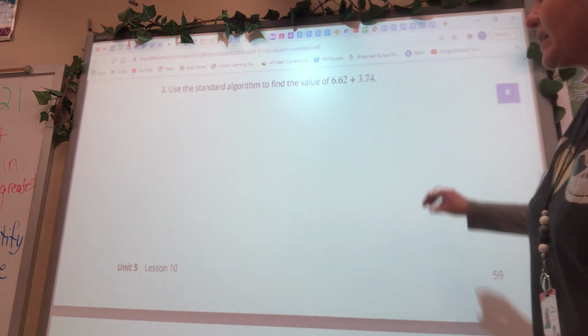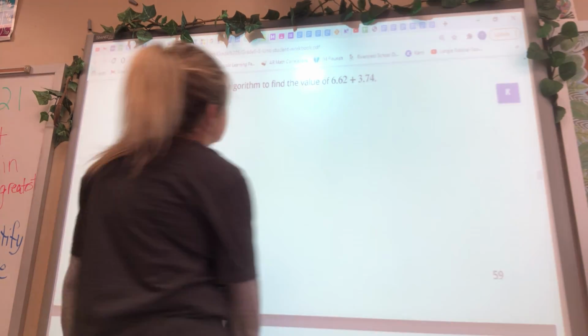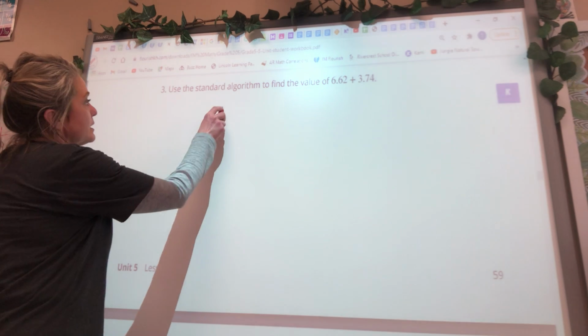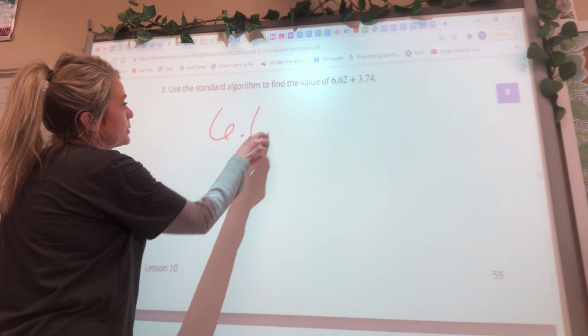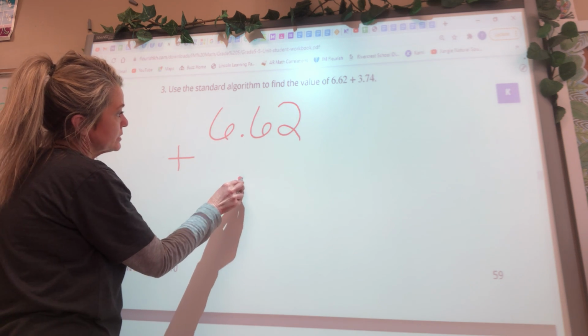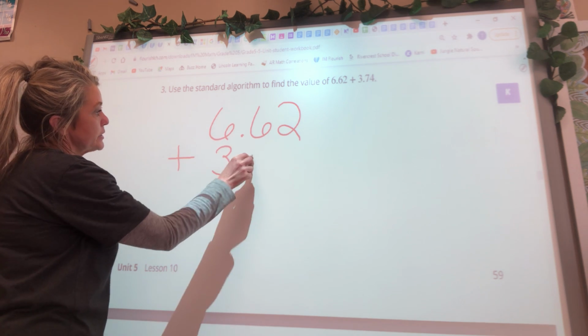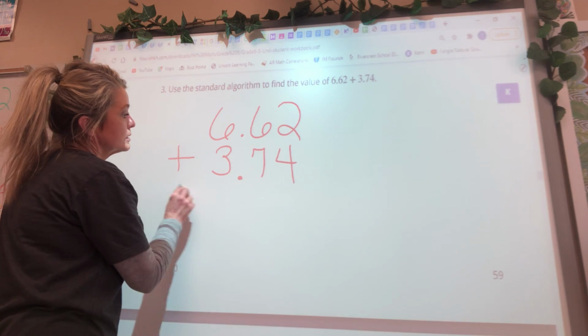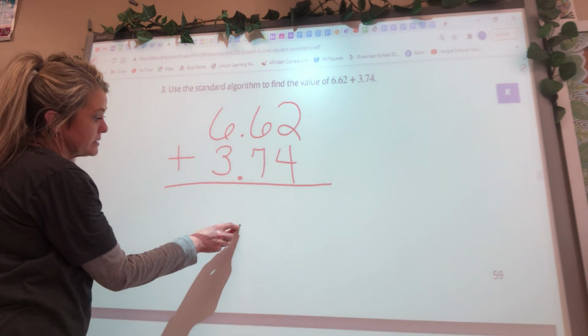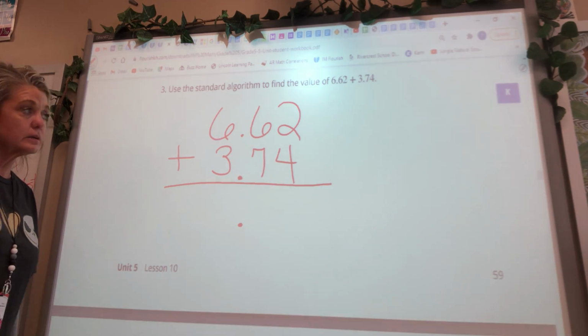Okay, now it says use the standard algorithm to find the value of 6.62 plus 3.74. So we know that we have to line up our decimal places. So I can just go ahead and put that there. 3.74. We only had 2 numbers, and I can just go ahead and drop this down because I know that's where it's going to go.